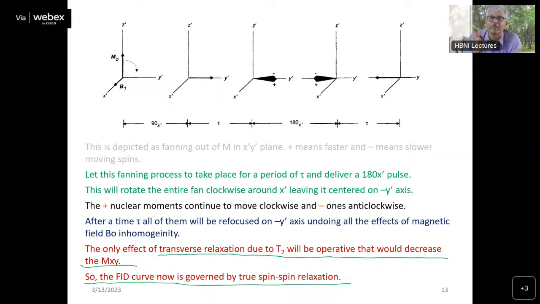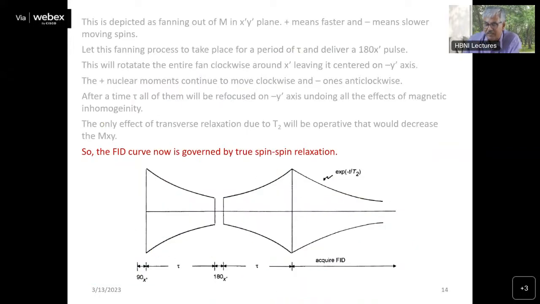It is not T2 star now, so whatever FID you are generating is solely due to T2. Whatever I told for T2 star can be applied here, and you can find out the T2. So that explains your T2 relaxation.